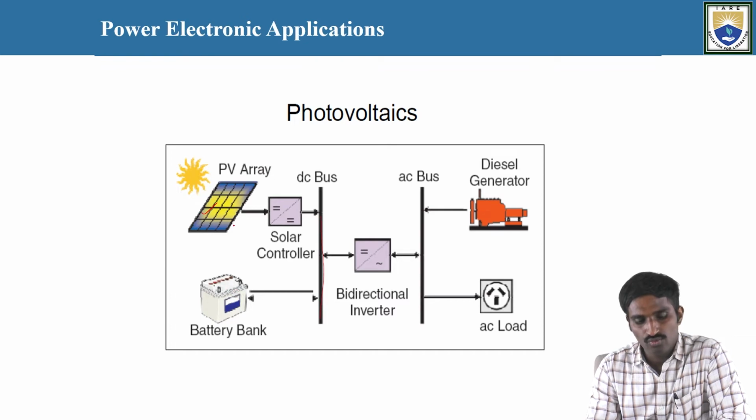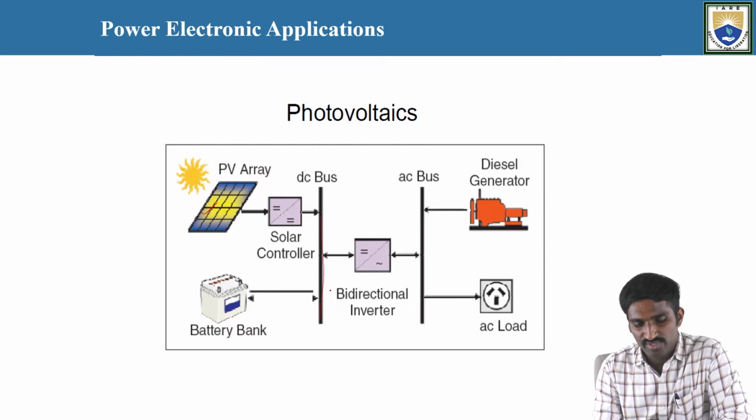If you want to store the energy produced from the PV array directly, then we can use the battery. In between, you need not use any power electronic device. But if you want to connect to an AC bus, which means some AC loads, or if you want to connect to the grid, then you must have an inverter, which can convert DC to AC.